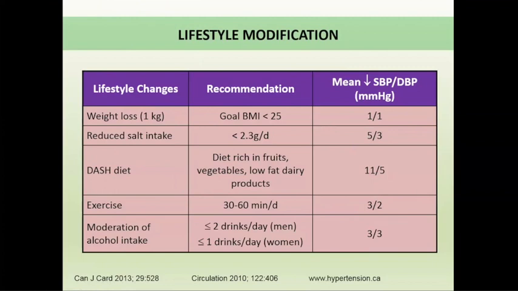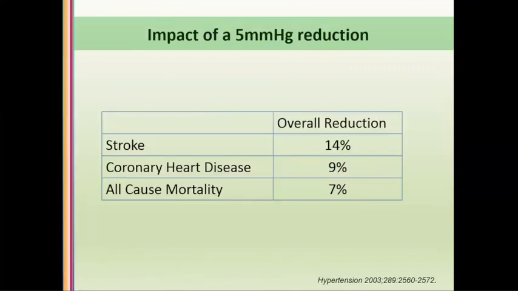You are pharmacists, right? I'm sure you will ask this question. Is reducing 5 millimeters of mercury significant? Yes. Evidence also shows that by reducing 5 millimeters of mercury, we can reduce up to 14% of stroke. The slide I showed you earlier was up to 10 millimeters of mercury. But this is only 5.